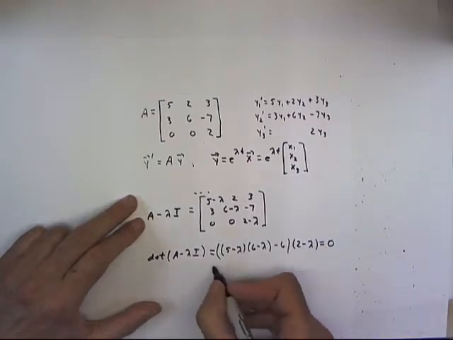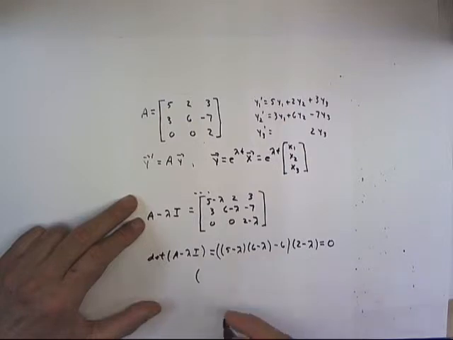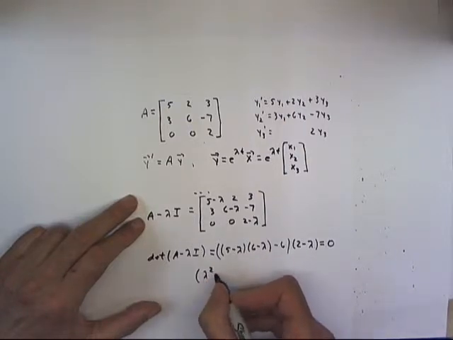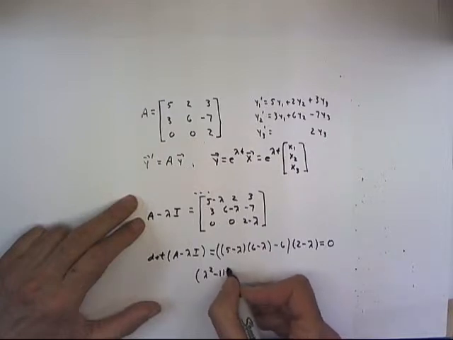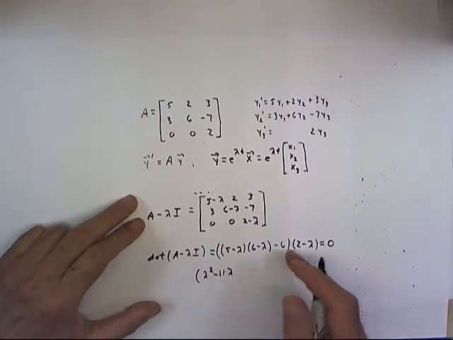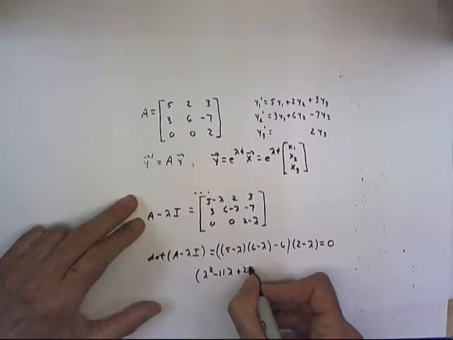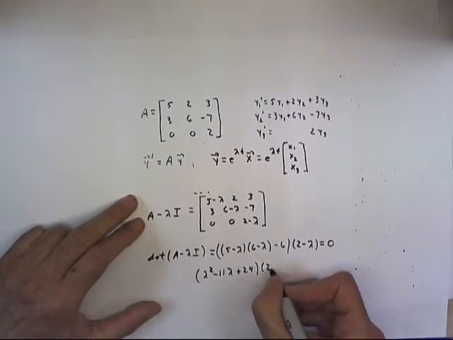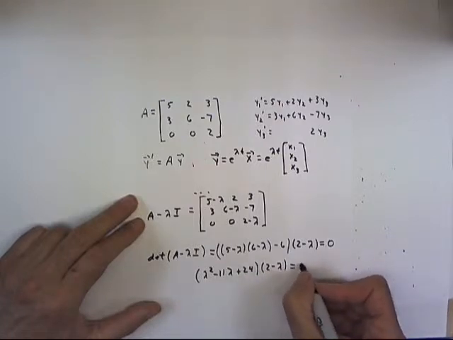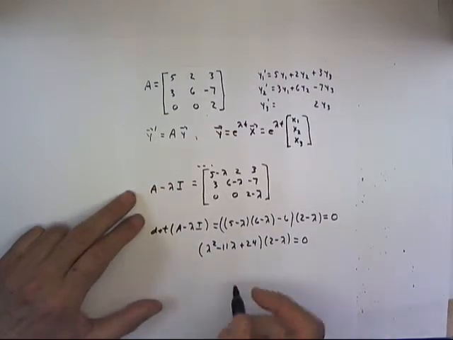Now this factor here, 5 minus lambda times 6 minus lambda is lambda squared minus 11 lambda plus 30, but then when we subtract 6 we get plus 24. That's multiplied by 2 minus lambda, and that's equal to 0.